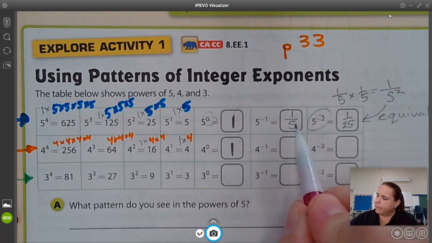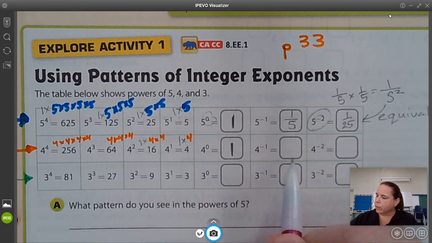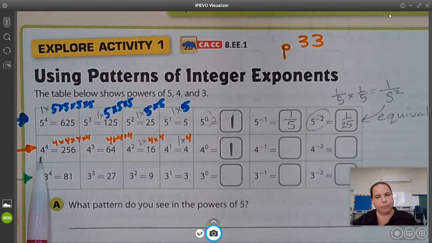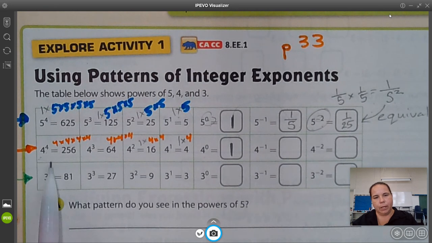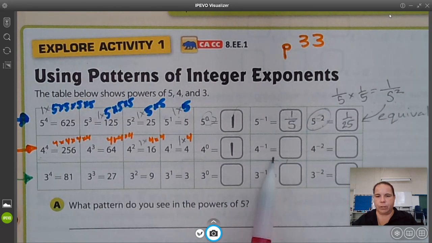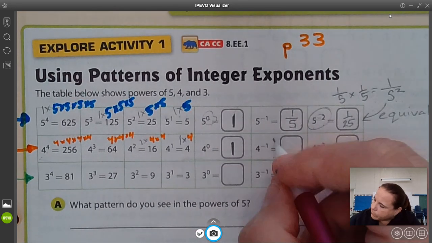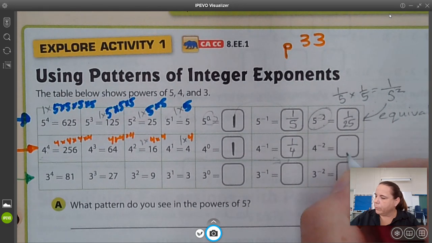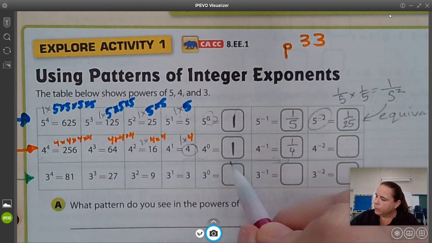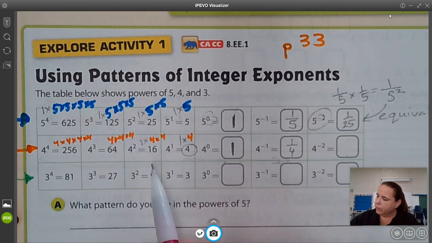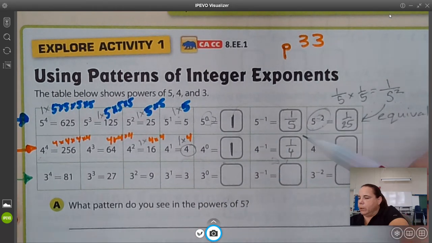And so following this pattern, in one direction we're multiplying by an extra 4 every time. And if we go in this direction, we're dividing by 4 every time. So 1/4, and then here's the 1.